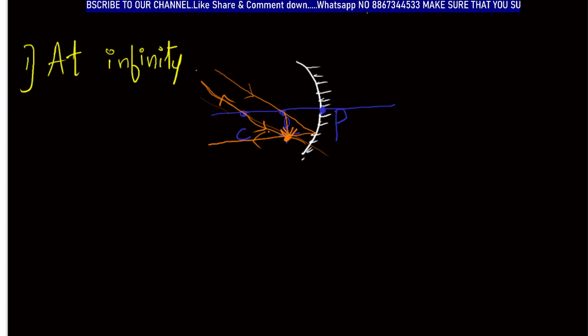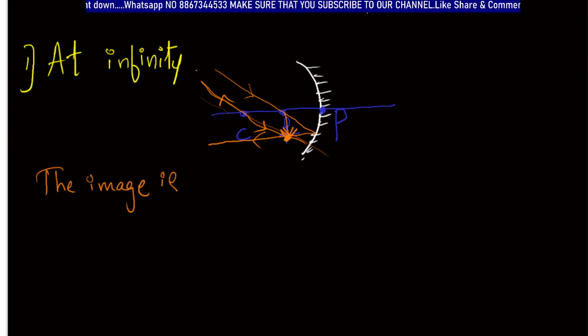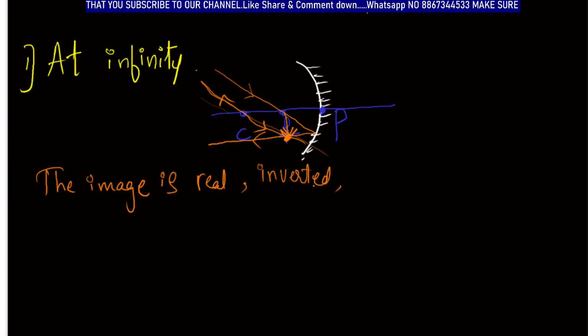So what do we know in this case? Whenever an object is placed at infinity, the image is real because it is in the front side of the mirror. It is inverted, right? And it is very small.